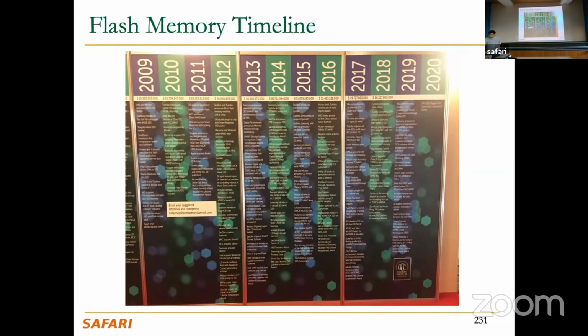And you can also see, probably the numbers at the top relate to the amount of money that is made every year with flash memory, right? And probably in the beginning it was nothing, but today they are everywhere. They are in our cell phones, they are in our laptops, and essentially in any computing system.